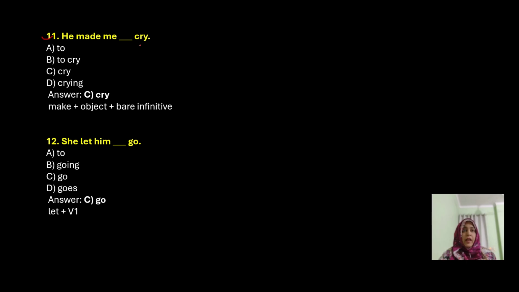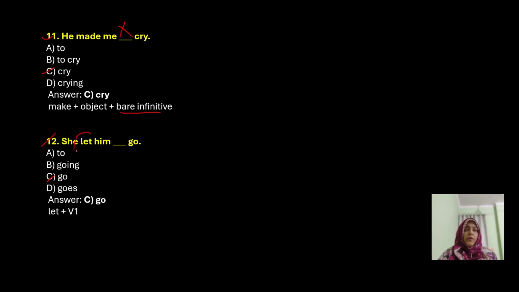Coming to the 11th sentence, he made me dash cry. What will come here? He made me cry. Only that. Nothing will come here. It is a bare infinitive rule. Bare infinitives, right? Now, question number 12. She let him dash go. Answer is C. She let him go.